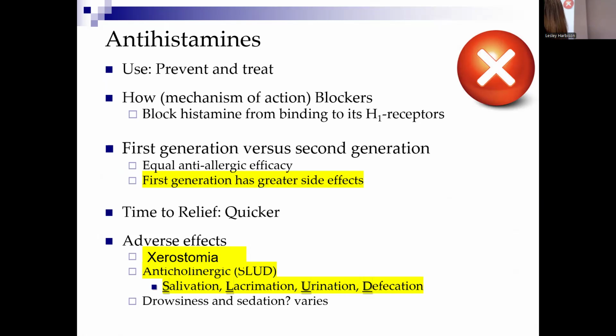So with antihistamines, we have this first generation, second generation, and I want to say Dr. Fortner touched on this a little bit, but I can't bring up any examples specifically.